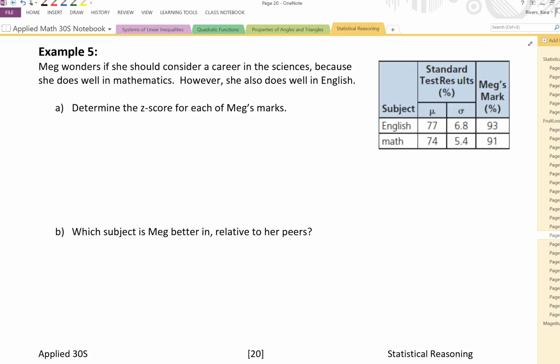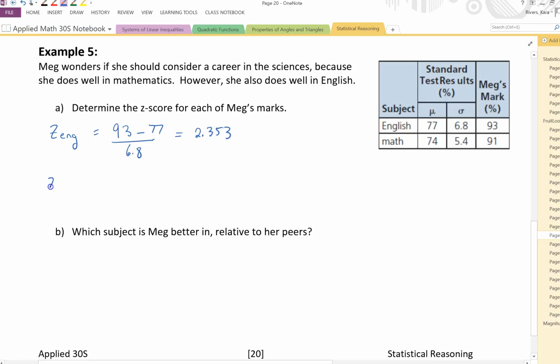Okay, so looking at these marks, we can find out her z-score for English. We'll take her English mark of 93, subtract the mean of the standard test results, which is 77, and divide by the standard deviation, 6.8. And if you do that, you get a value of 2.353.